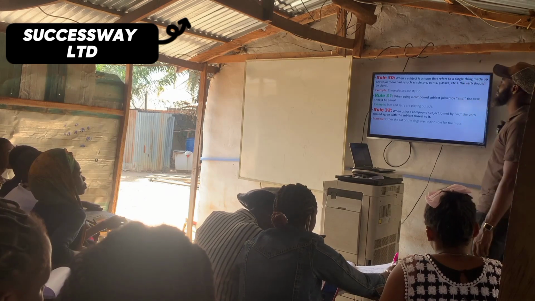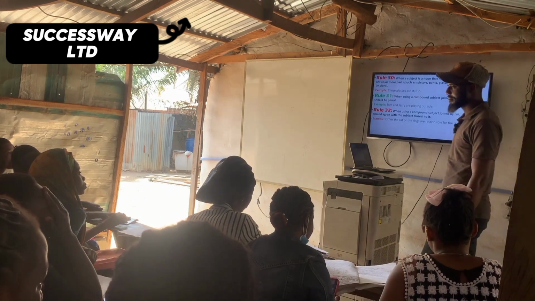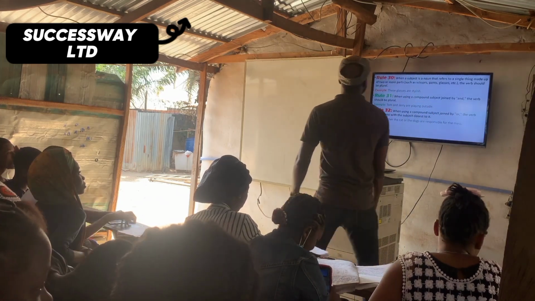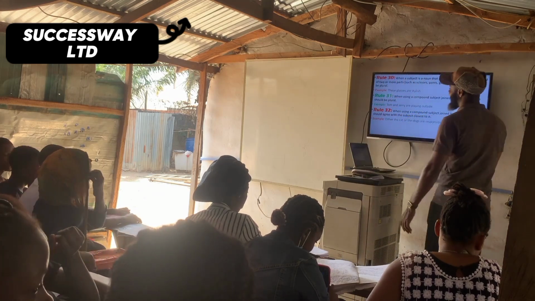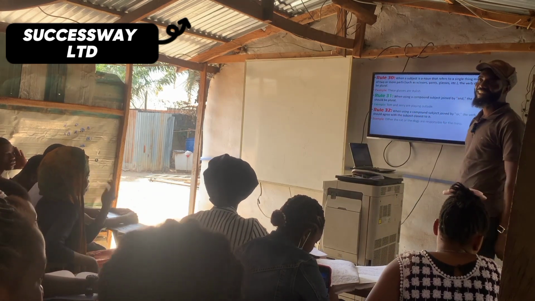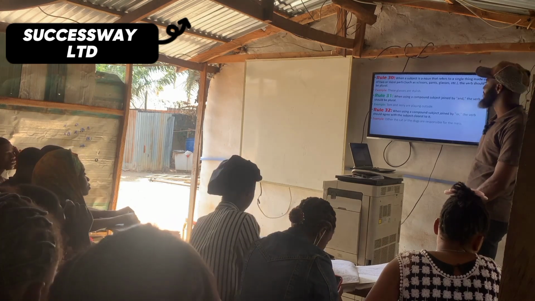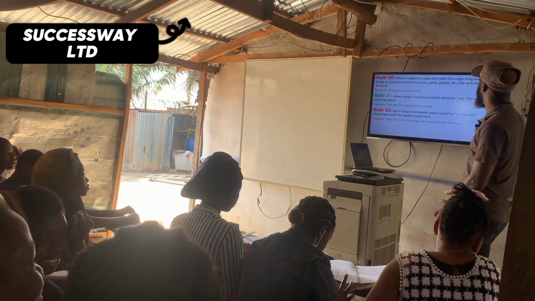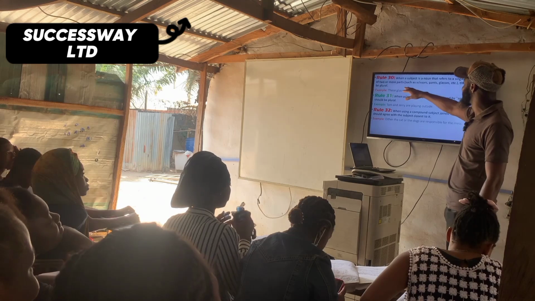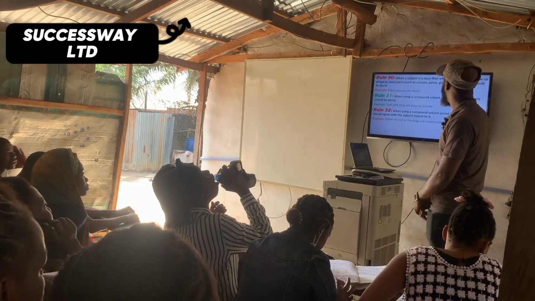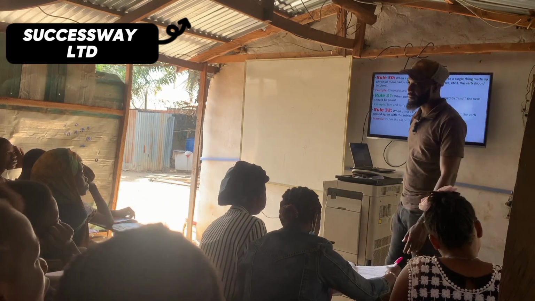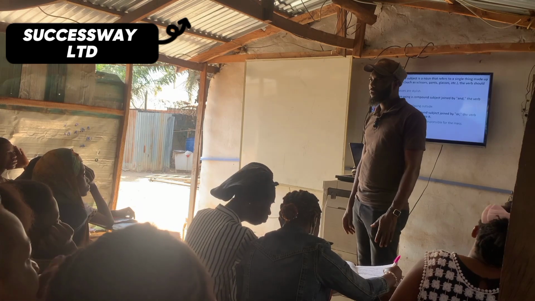Now, Rule 30. Are we together? When a subject is a noun that refers to a single thing made up of two or more parts, such as scissors, pants, glasses, etc., the verb should be plural. Right? Scissors.